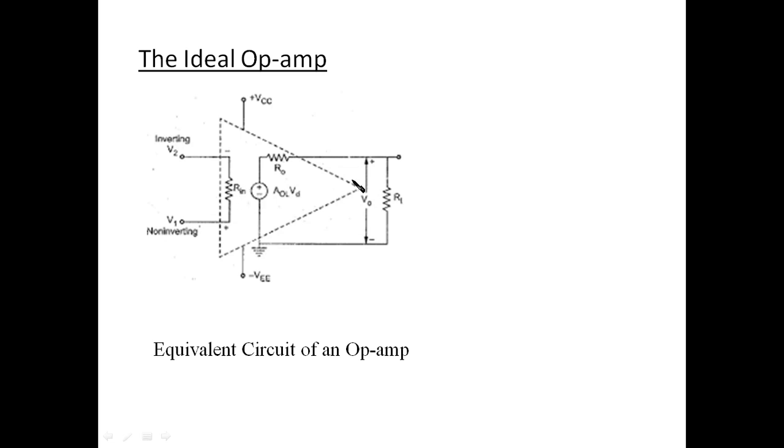This is the output section. In the output section, you have the output voltage V0, from plus to minus. RO is the output resistance. In that, you connect AOL into VD, which stands for open loop gain and difference voltage. And the power supply is connected as plus VCC and minus VCC.